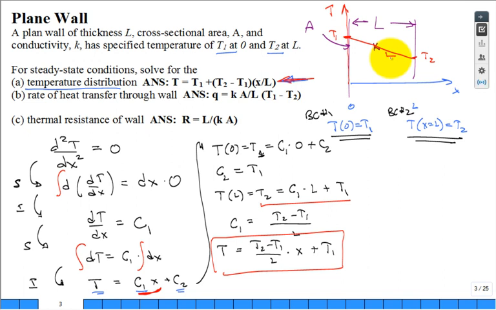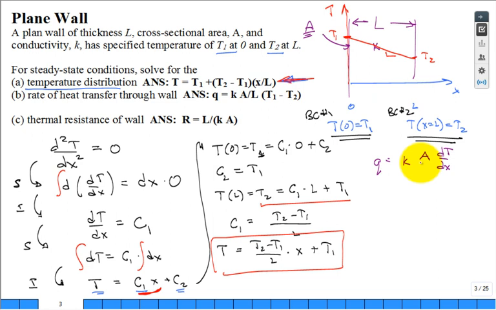Okay, somebody says, can you calculate Q through the wall? Well, you're going to have to tell me how large of an area that is for this wall. Don't forget that. And you're going to have to give me the thermal conductivity of the wall. And then using Fourier's law, we know that dT/dx. Now, we just talked about it. dT/dx at 0 is equal to what it is at L, what is it equal to at any place in there.